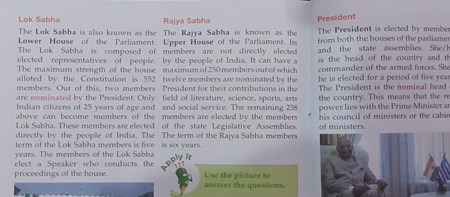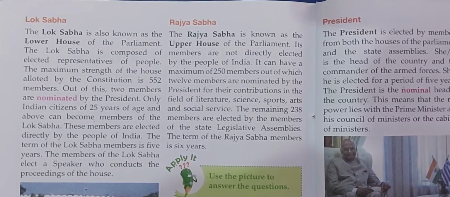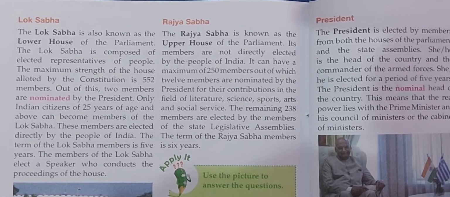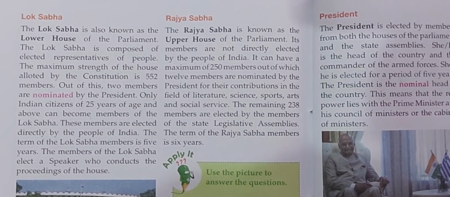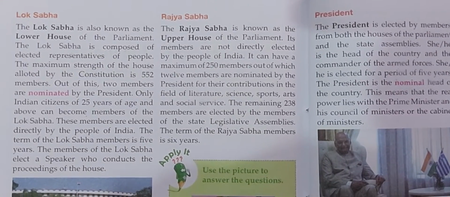Second, we have the Rajya Sabha, that is the second house, which is also known as the upper house. In this 250 members can sit, debate and pass bills for the betterment of the people.